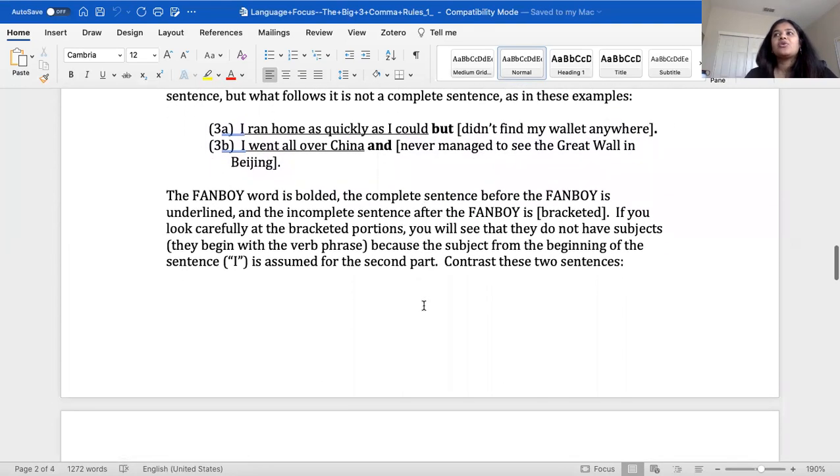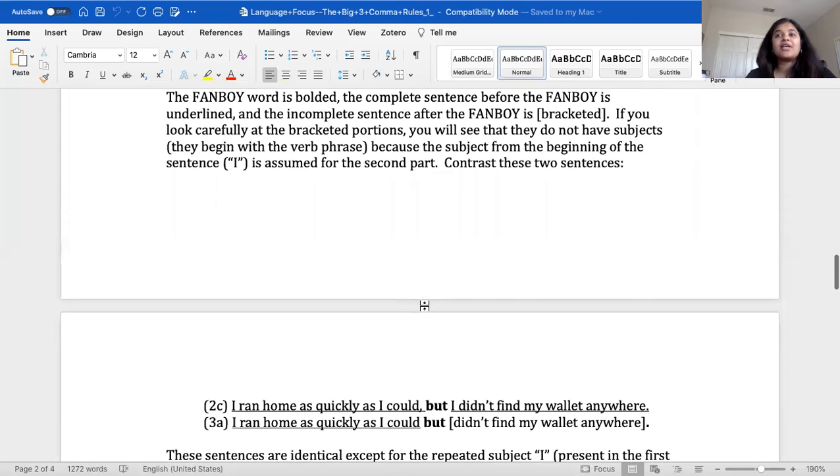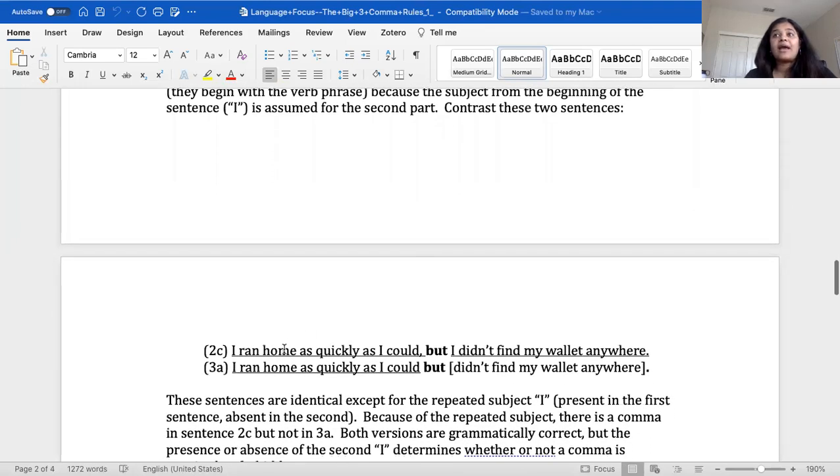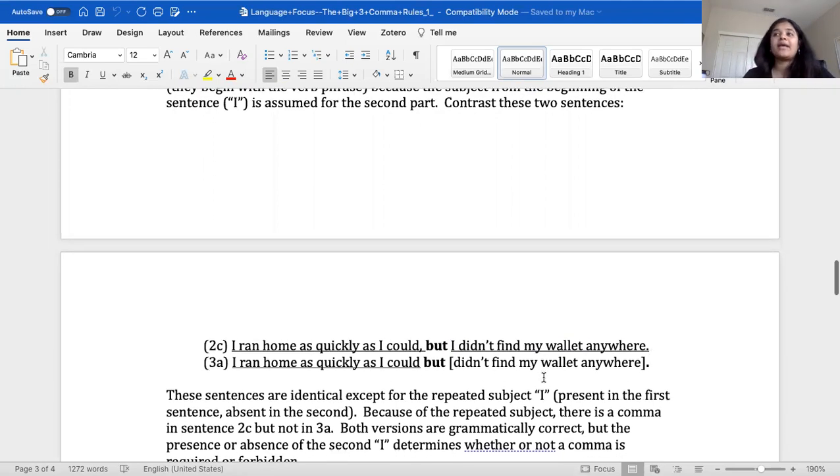Okay, so contrast these two sentences. I ran home as quickly as I could, but I didn't find my wallet anywhere. Then you put a comma, because you inserted a subject and this part became a complete sentence. I ran home as quickly as I could but didn't find my wallet anywhere.